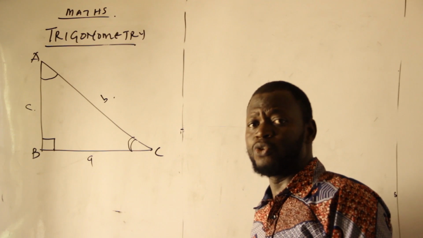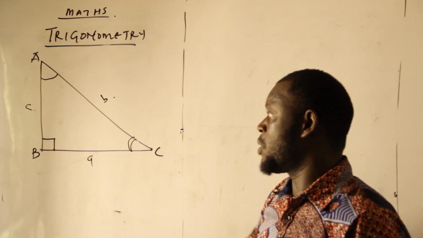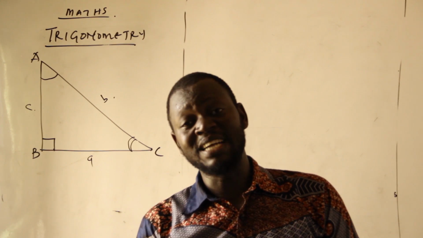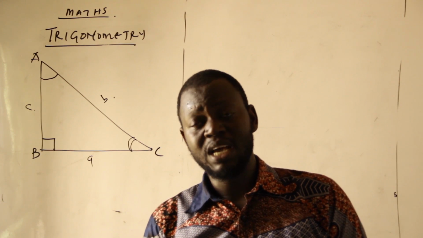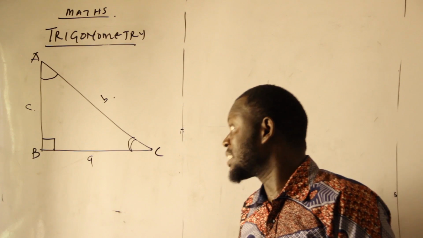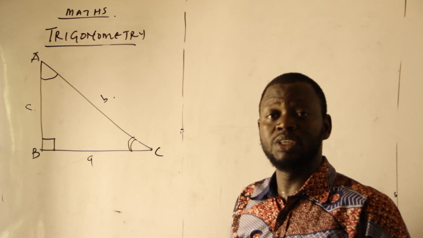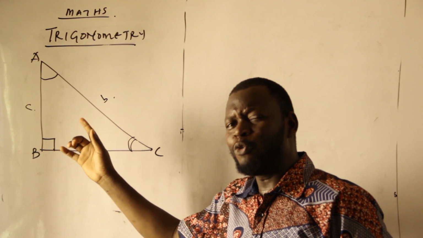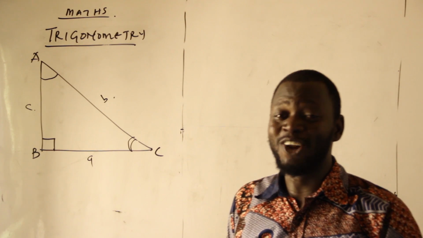How do we name this? Don't forget, when we have a right angle triangle, we definitely have our opposite, our adjacent, and our hypotenuse. I tell my students most times that the hypotenuse is the longest side.